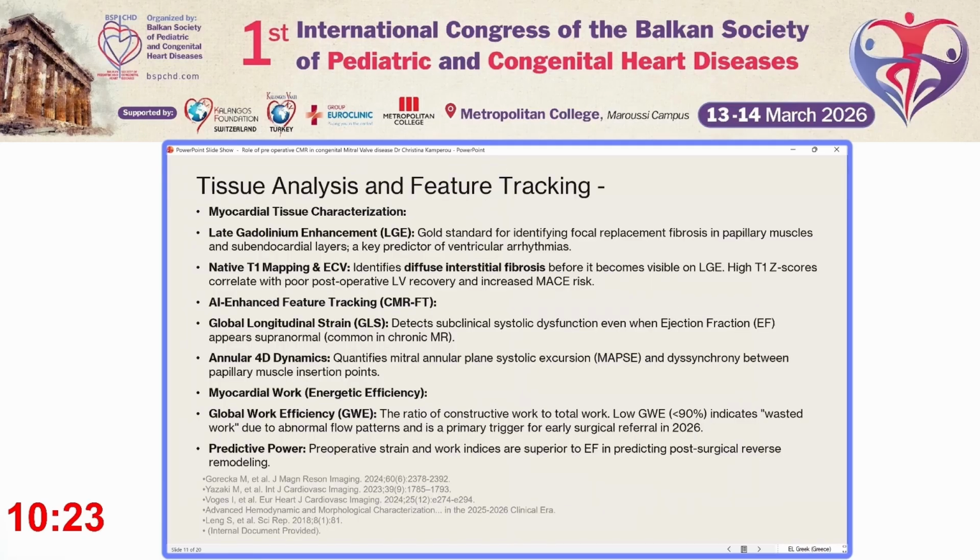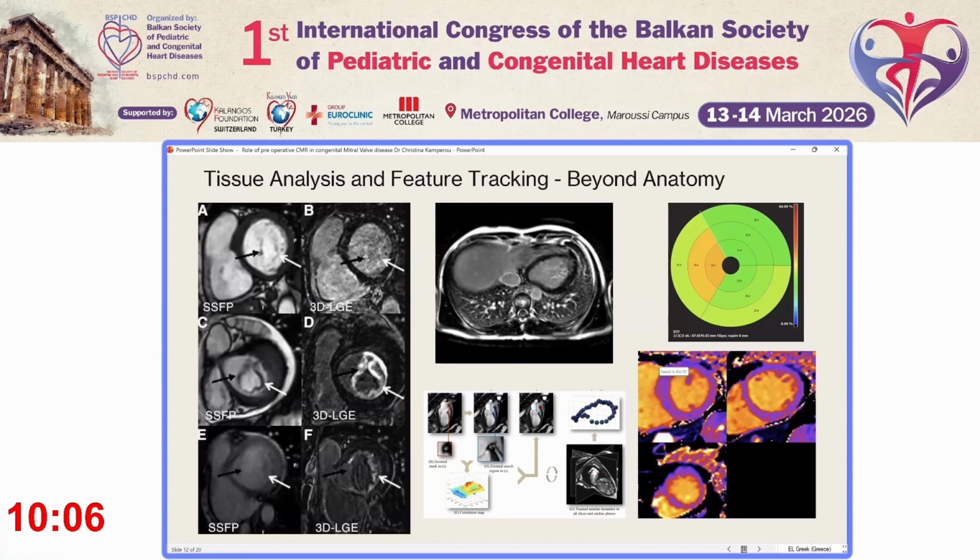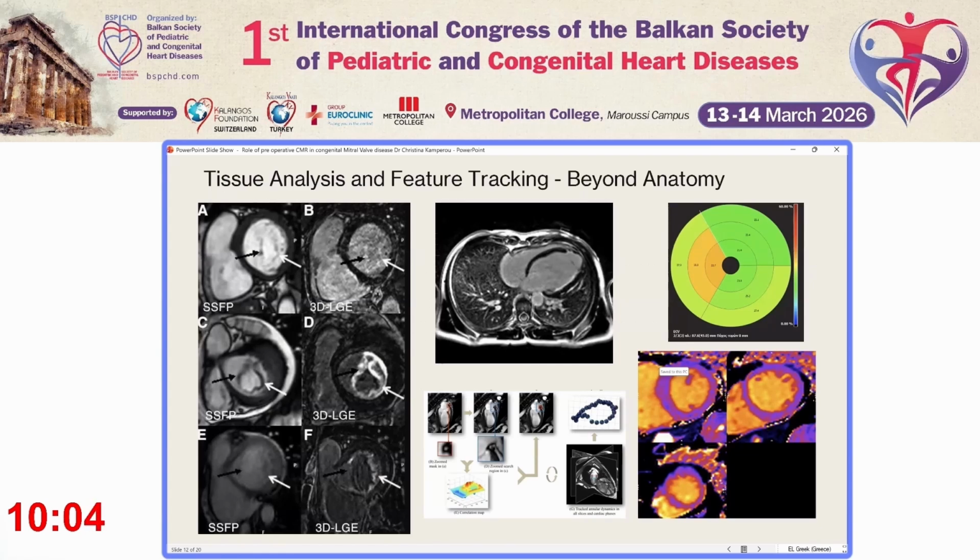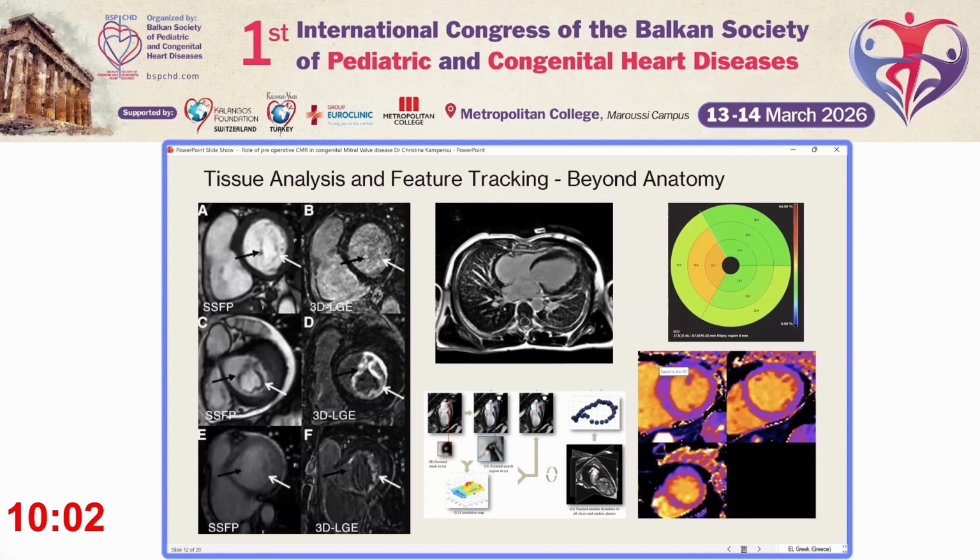One of the particular strengths of CMR is its ability for tissue characterization, allowing us to assess myocardial scar and the extent of endocardial fibrosis, which in congenital mitral valve disease may occur with or without direct involvement of the valve apparatus, but still has important functional consequences.